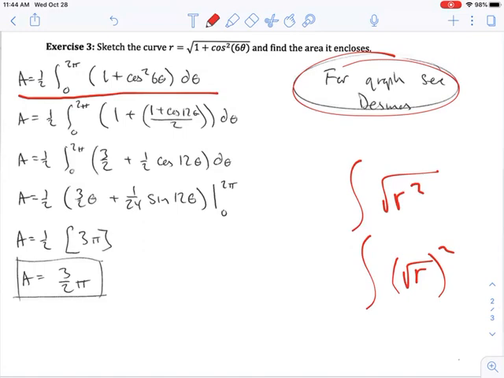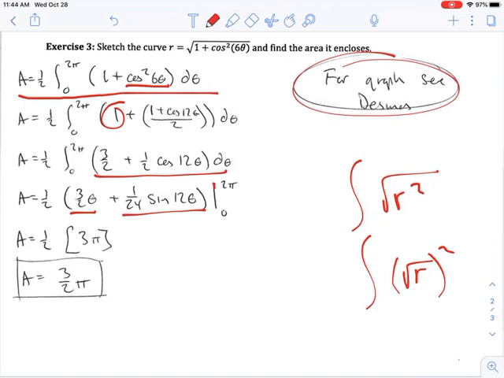So changing the cosine squared of 6 theta to (1 plus the cosine of 12 theta) divided by 2, and distributing that 2 out and combining it with the 1, which is 2/2, we end up with this. Finding the antiderivative, we have 3/2 theta and 1/24 sine of 12 theta.